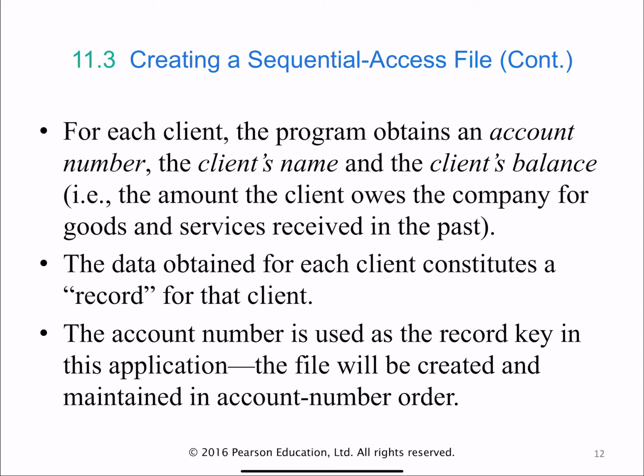Each client, in this case, so this is now the structure of each record that we'll write into this file: each record will consist of an account number, kind of like a client number, the client's name, and the balance owed by the client. Together, these three fields will constitute one record for one client.